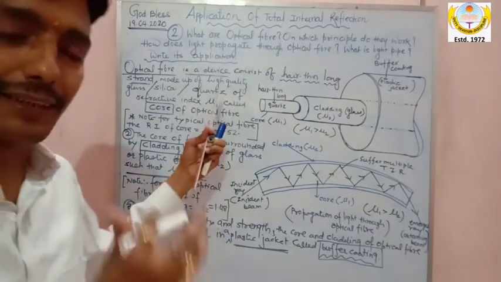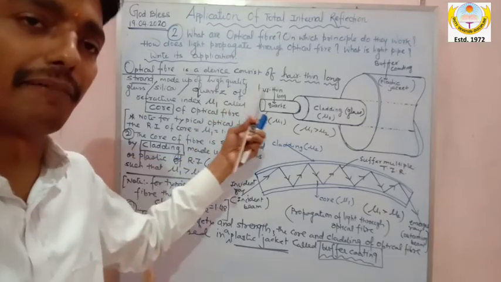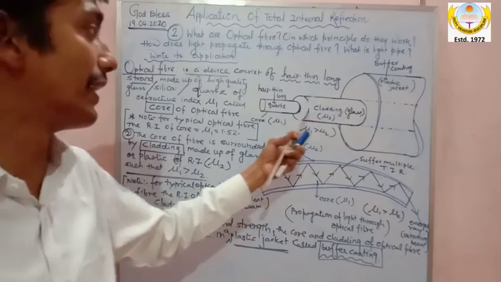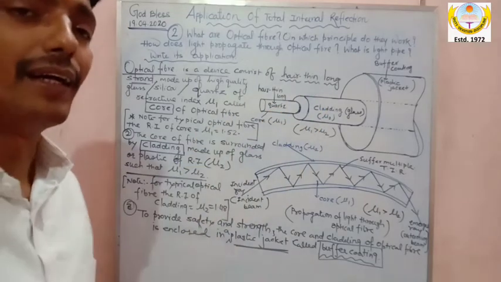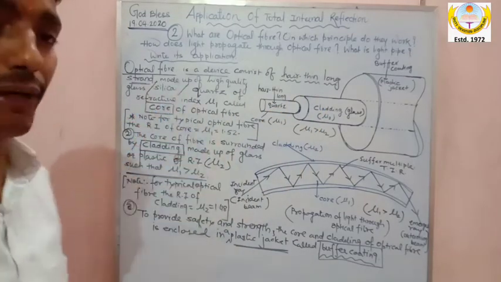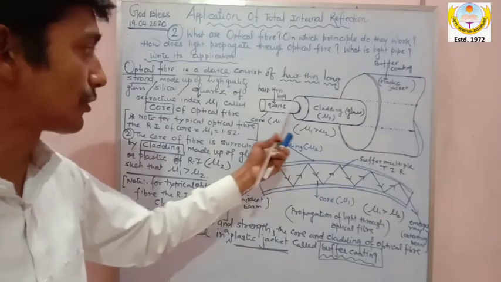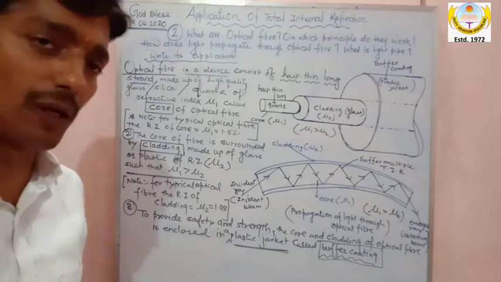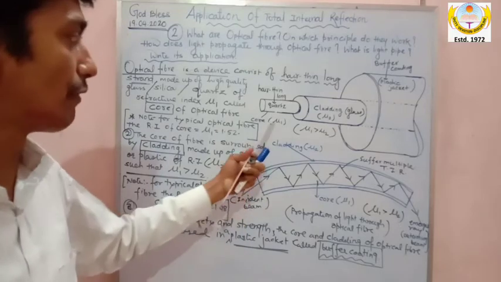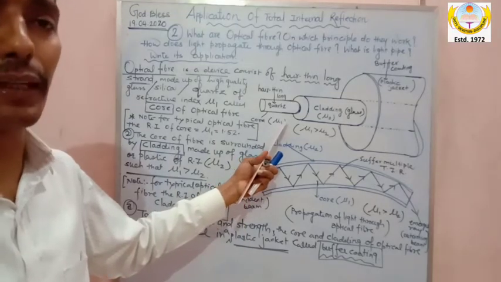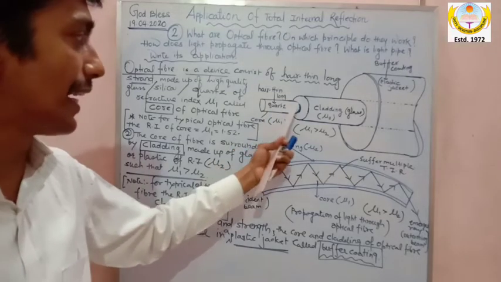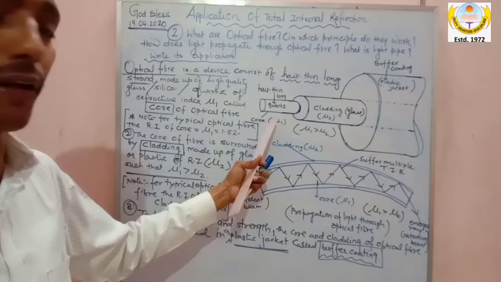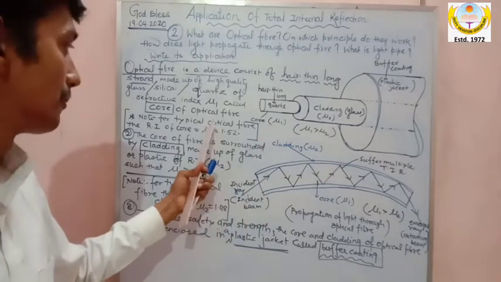These are the three parts you are supposed to know. The fiber is a device consisting of a hair thin long strand, which is made up of high quality glass, silica or quartz, which has a refractive index of mu1, and for a typical fiber we call this entire thing the core. For a typical fiber, the core refractive index is 1.5.